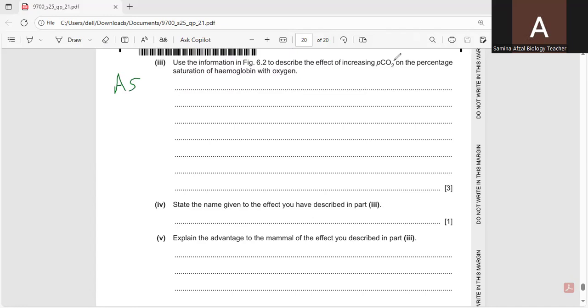As the partial pressure of carbon dioxide increases, you can see it is highest in the lowest curve, which has been shifted to the right.